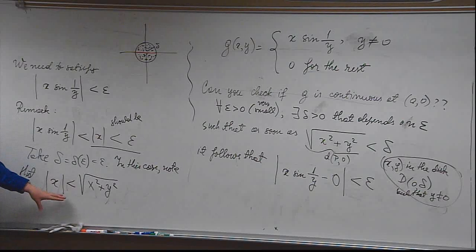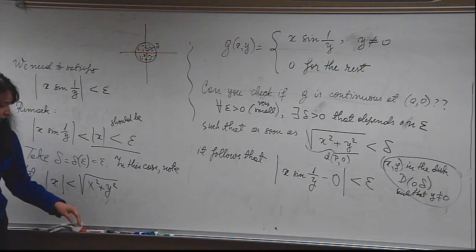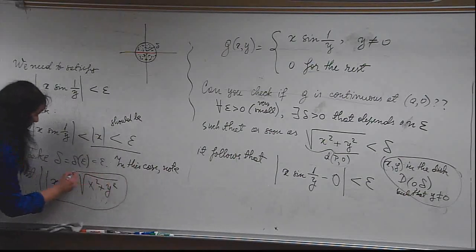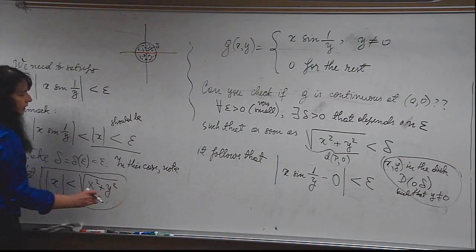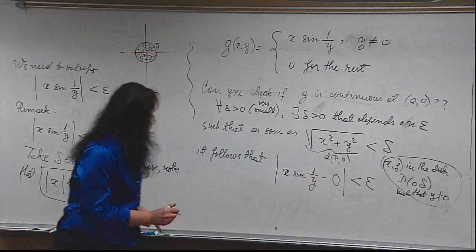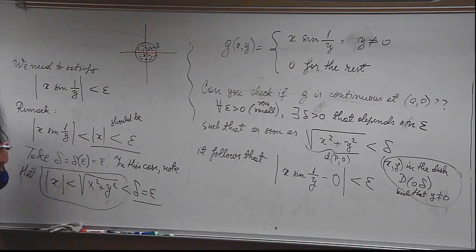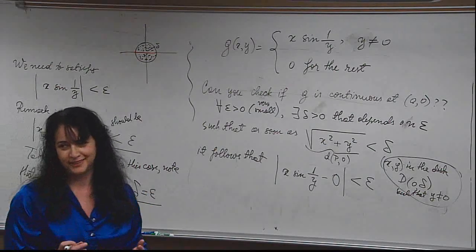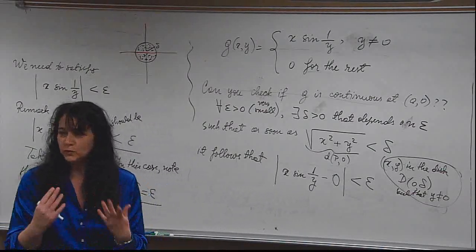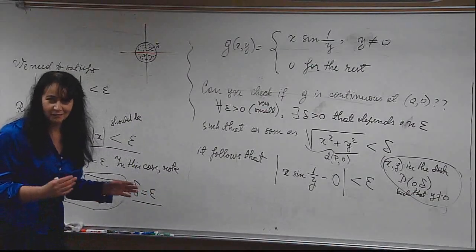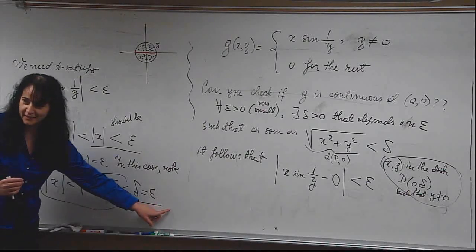Why is that, guys? Because y can't be 0. So square it in your mind. You get x squared less than x squared plus y squared. So this is always true, always satisfied. But we chose this to be less than delta, and if we choose delta to be epsilon, that's our choice. So God gave us the epsilon, but delta is our choice. Because you have to prove you can do something with your life, right? So delta equals epsilon.